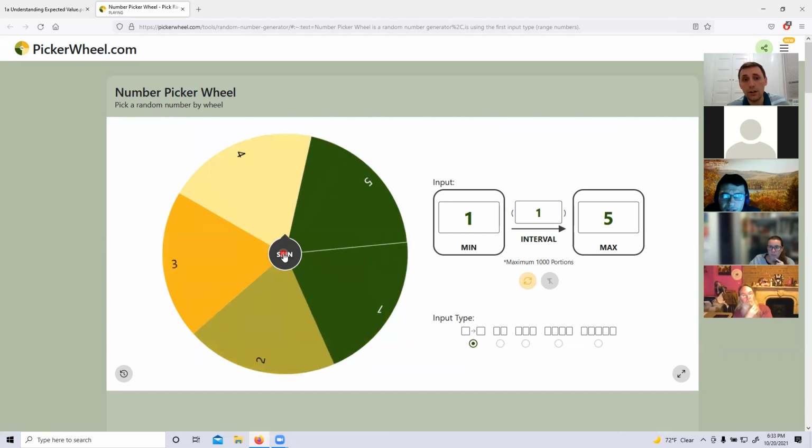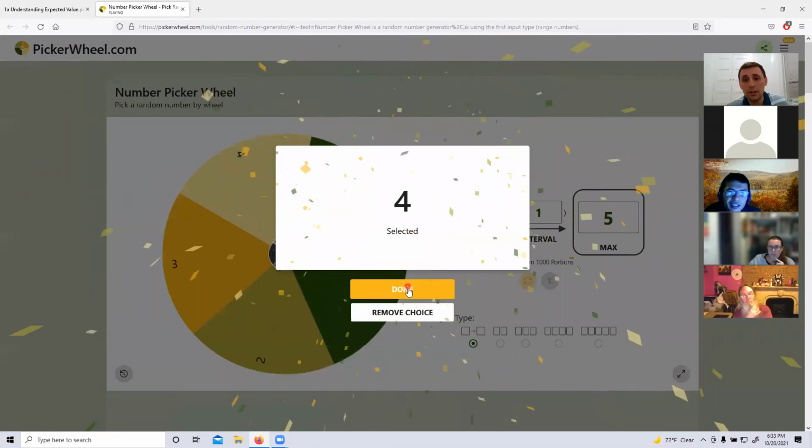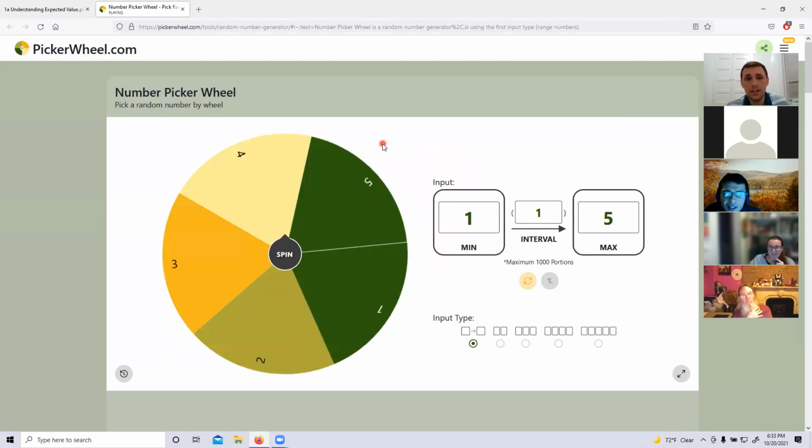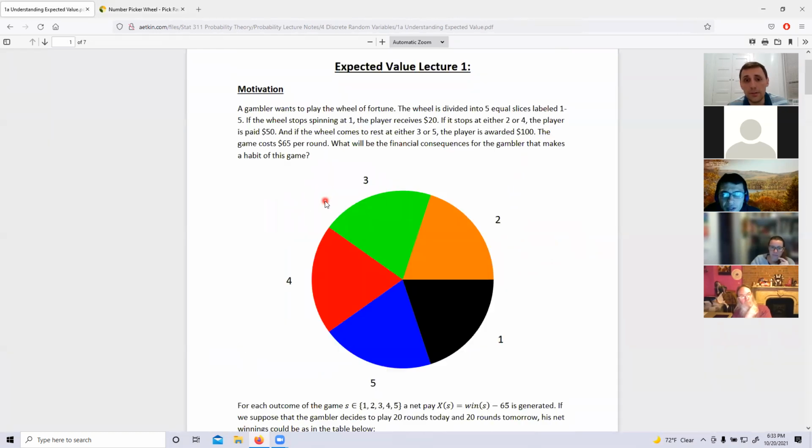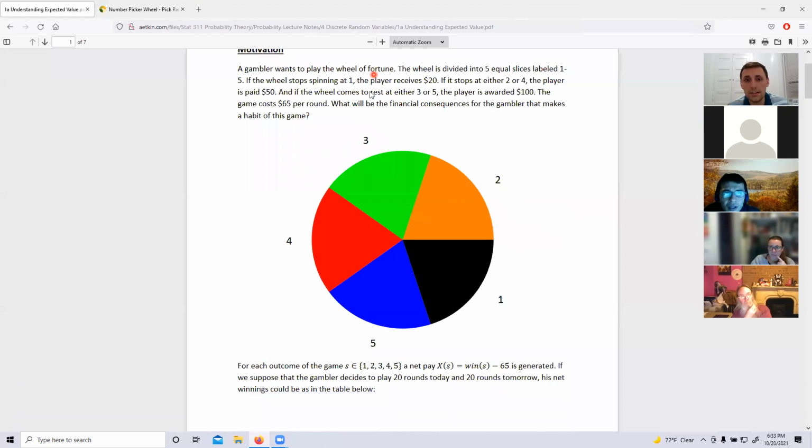And you get 4. So what does 4 correspond to? 4 corresponds to winning $50, right? So you won $50, congratulations. So you give me 65, and I'll give you 50. Good.